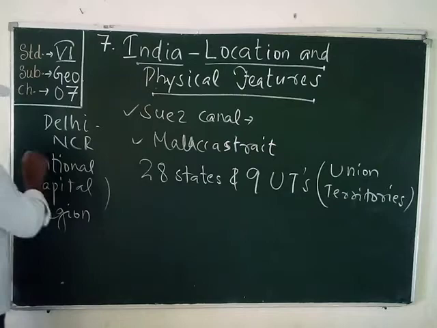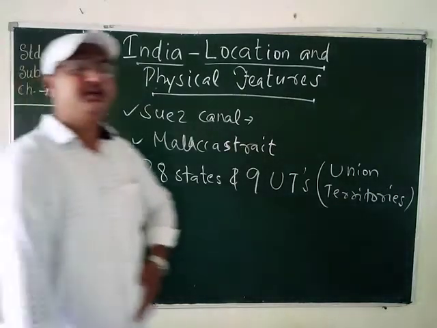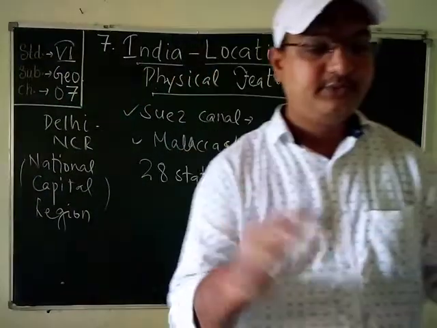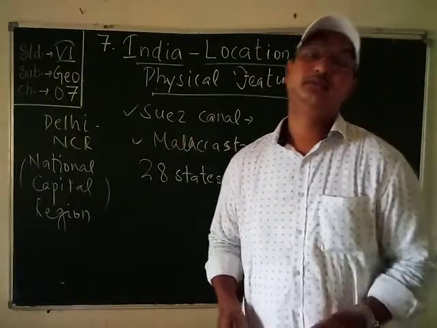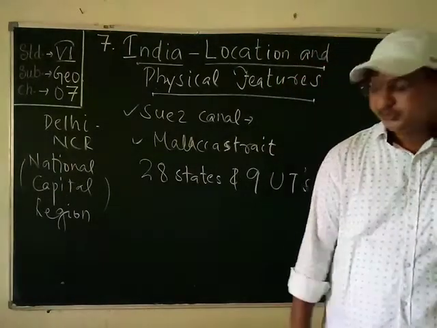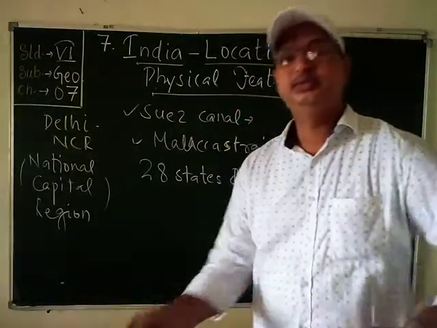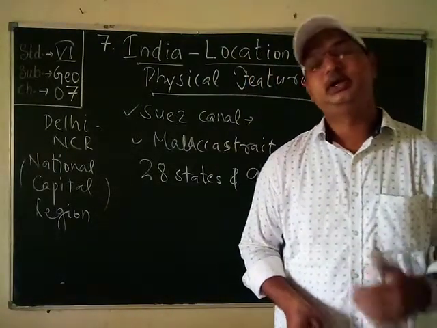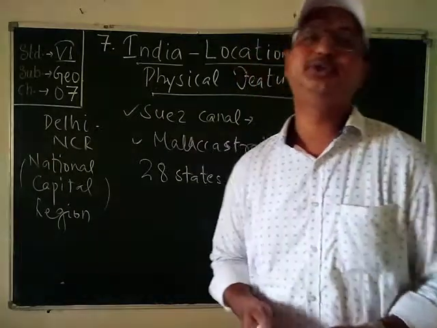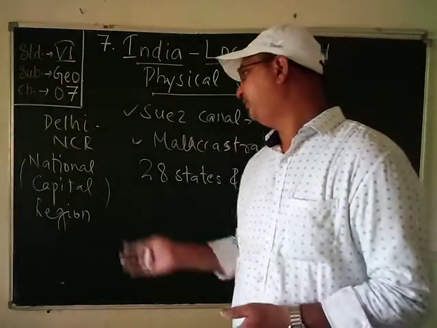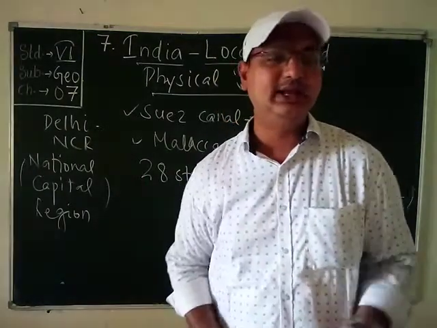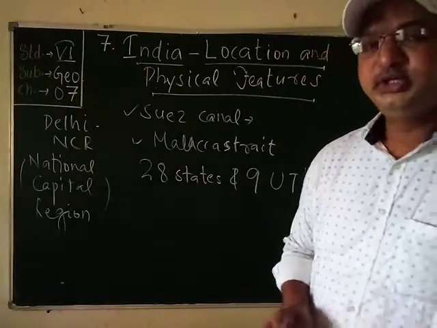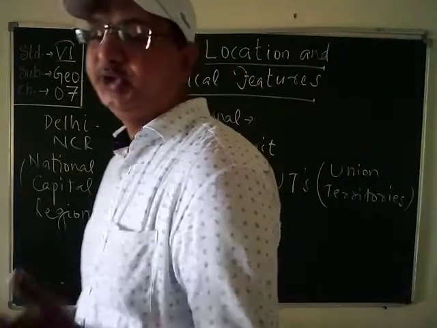Students, along with Delhi, there are 4 cities surrounding it. They are Faridabad, Gurgaon, Ghaziabad, and Noida. So these are the 4 cities which surround Delhi, and thereby it is known as the Delhi NCR. Students, this was all about the location.